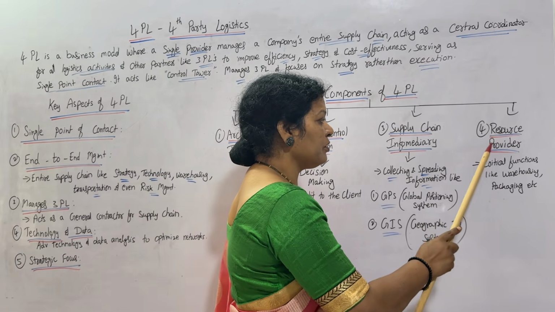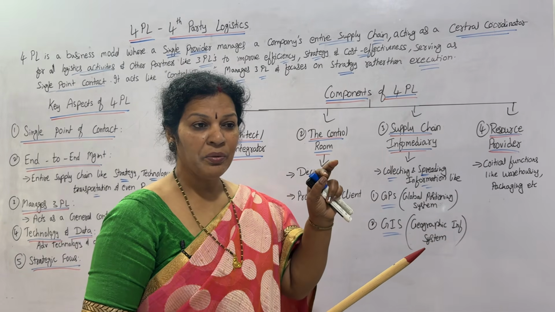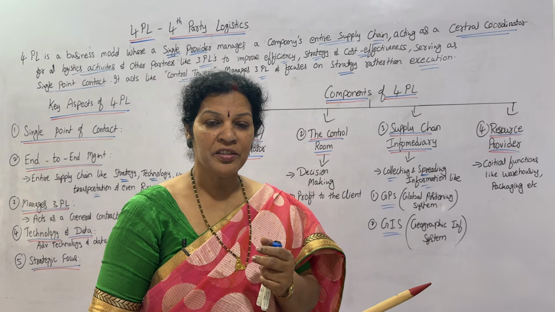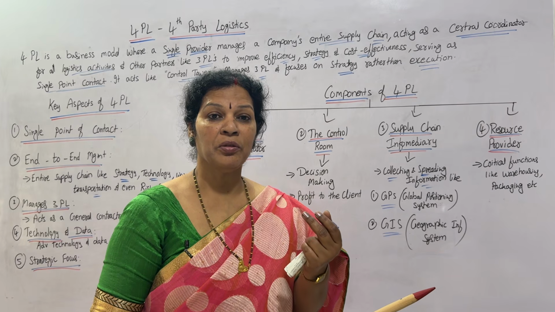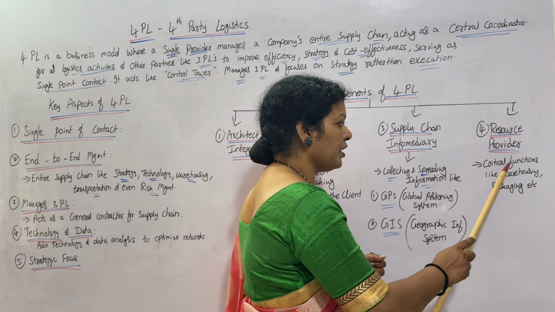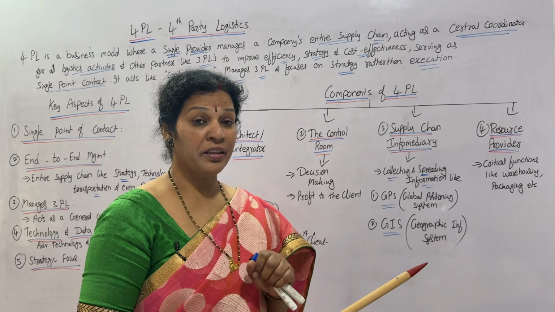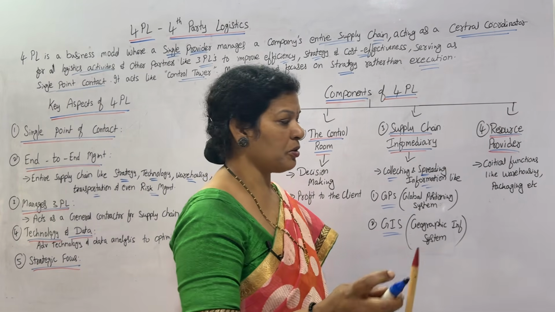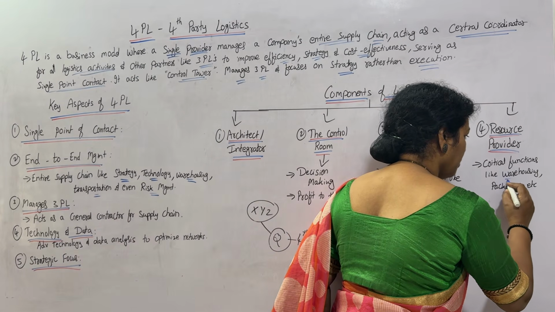Resource provider means whenever a company is facing any kind of problem, they understand that problem and give the solution from their point of view. They'll be handling the critical functions. Generally in supply chain management or logistics management, we talk about warehousing only.